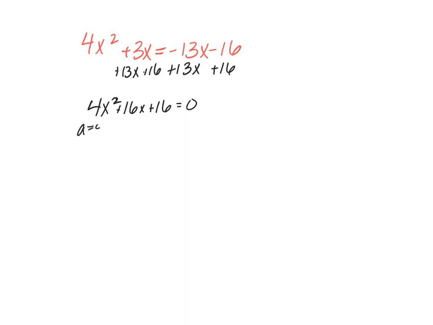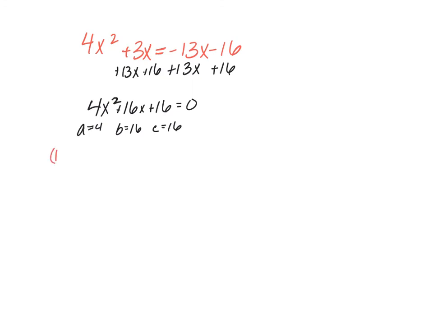And my a is 4, my b is 16, and my c is 16. Now, technically, you could divide this by 4, and you're shrinking it. But when we're asking for the discriminant, we want to make sure we get the actual discriminant for this problem, and so don't divide the numbers.